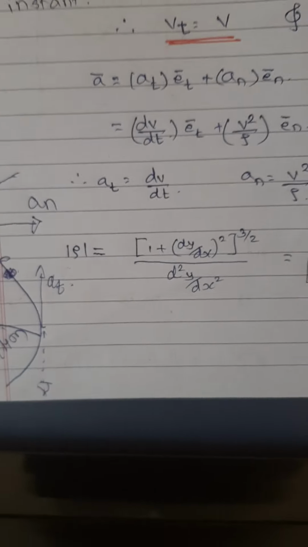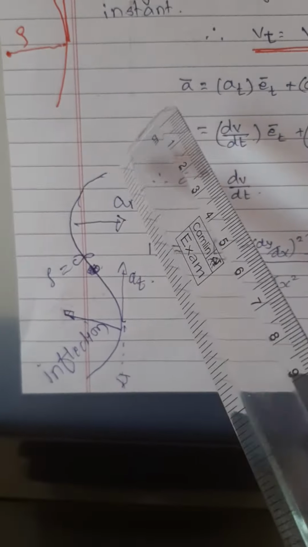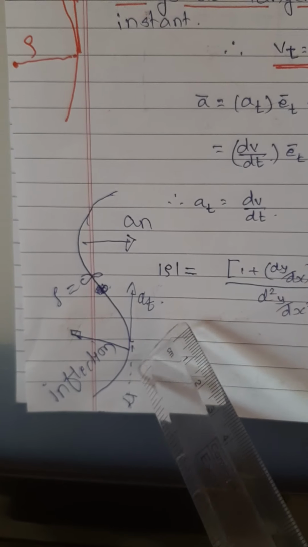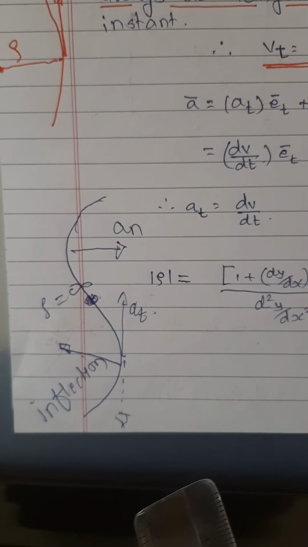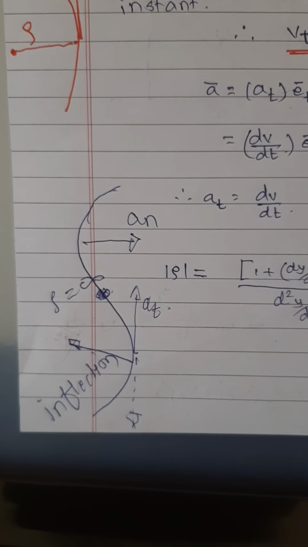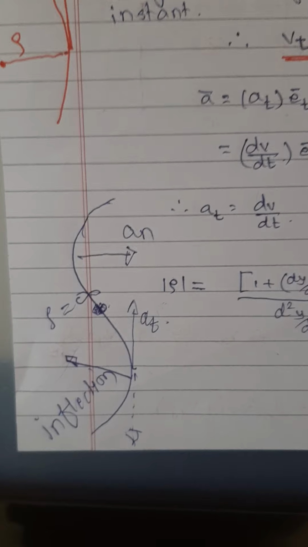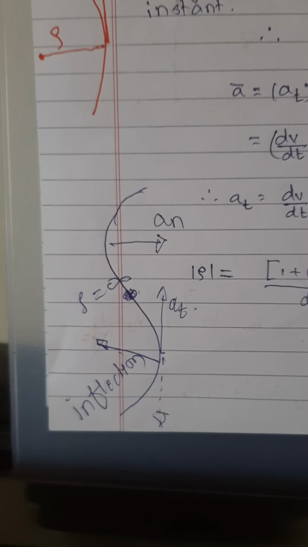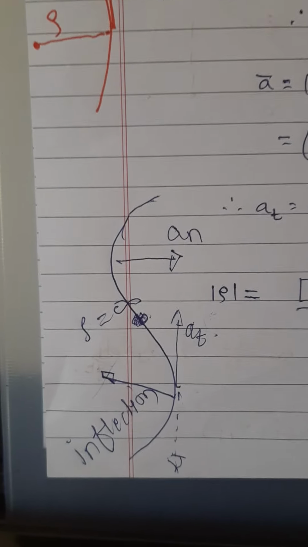So here I have drawn a curve. There are two curves, I can say. One is with a positive curvature, the other is with a negative curvature, or it can be represented as a vertical sine curve.